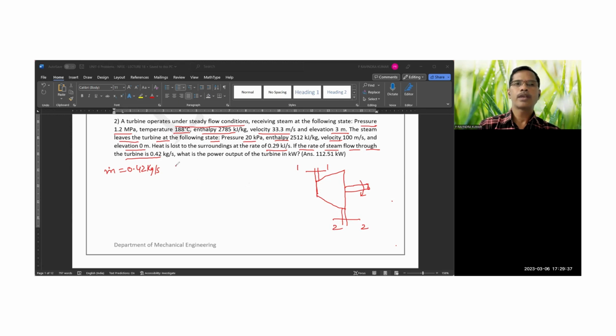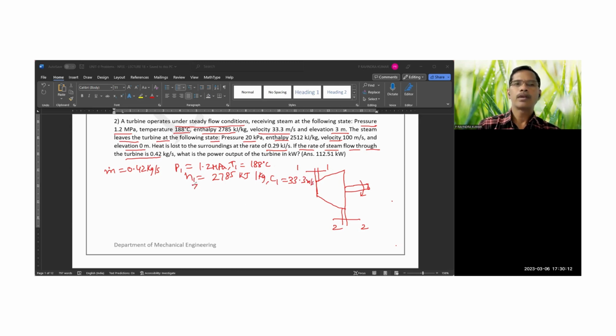Here the pressure is equal to 1.2 megapascal, and the temperature T1 is 188 degrees centigrade, and the enthalpy is given as 2785 kilojoule per kg, and the velocity C1 is 33.3 meters per second.